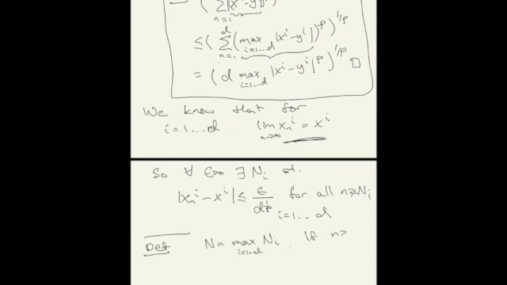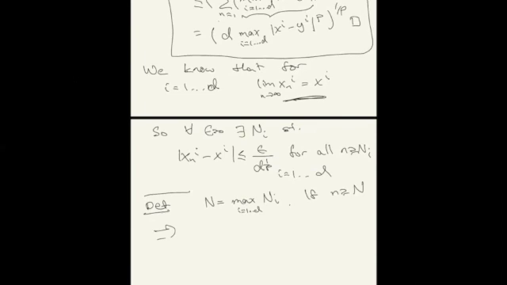If n is greater than or equal to capital N, then the distance between p_n and p is less than d to the power 1 over p times the maximum over i equals 1 through d of |x_n,i - x_i|.